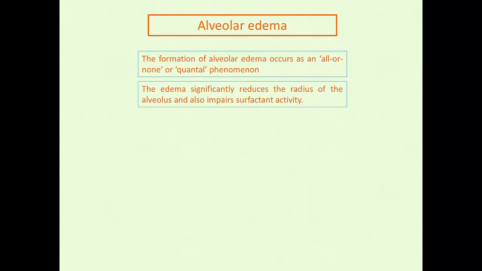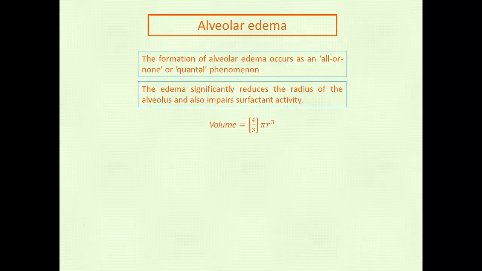So the formation of alveolar edema has been shown to occur in an all or none, or quantal, phenomenon, and that is the alveolus is either full of fluid or it's not. And what this edema does is it significantly reduces the radius of the alveolus and also impairs surfactant activity.